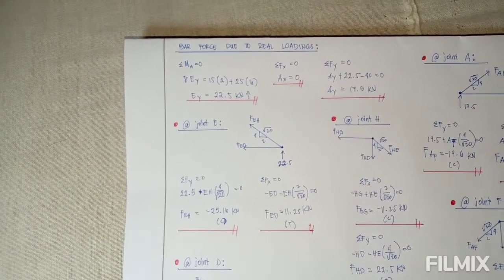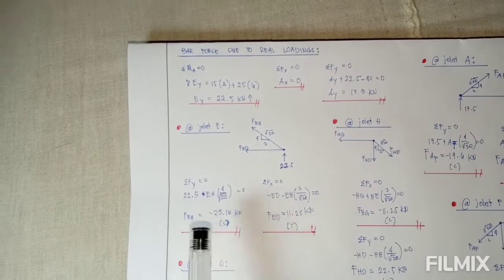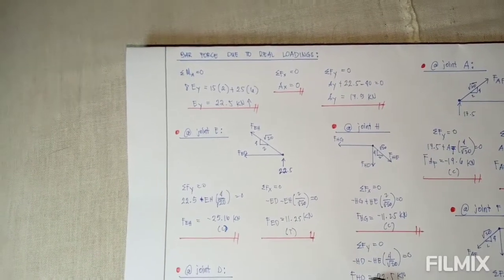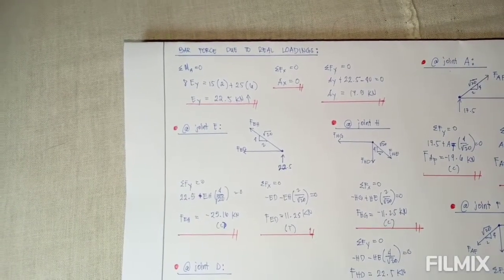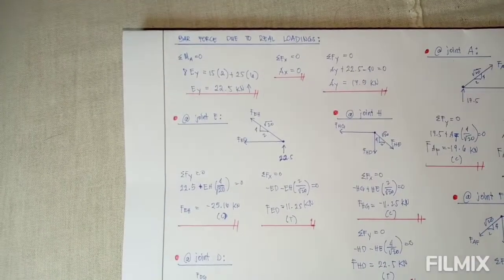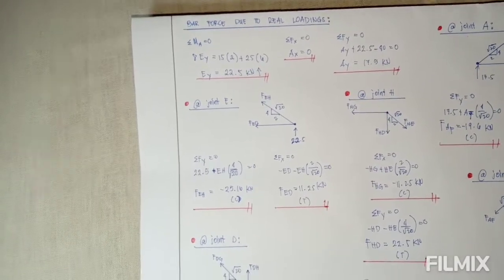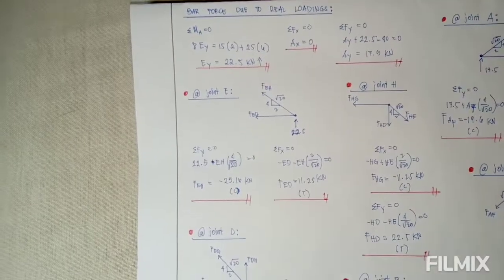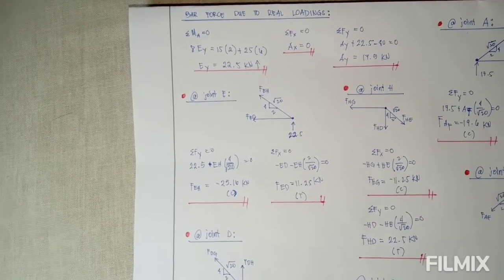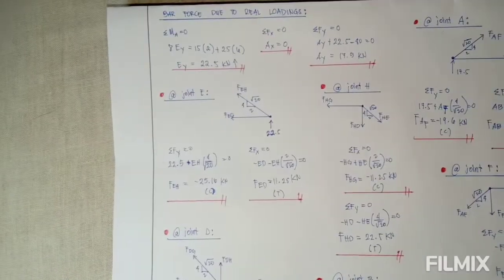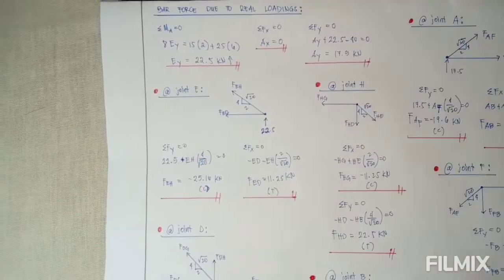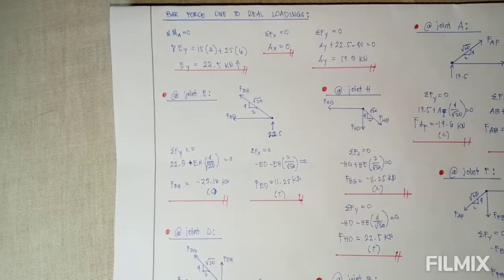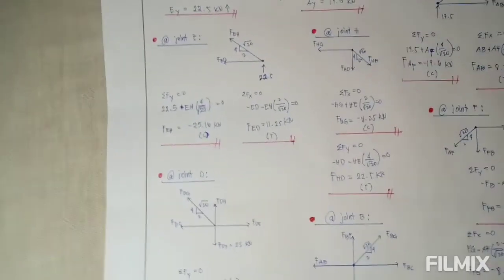By the joint method, we obtain the values of EH and ED at joint E. Take note that if it is a negative value, then it is compression, and if it is positive, then it is tension or tensile force. The same process is done for joints A, H, D, F, and B.